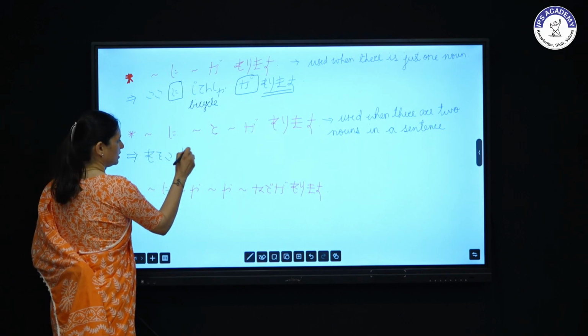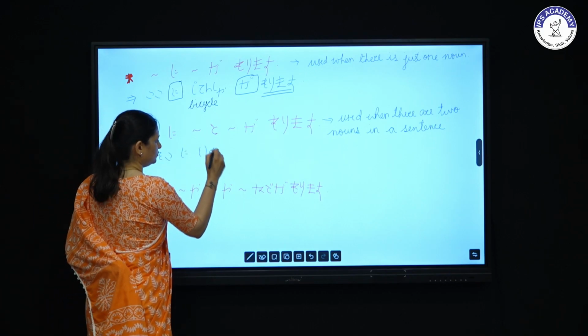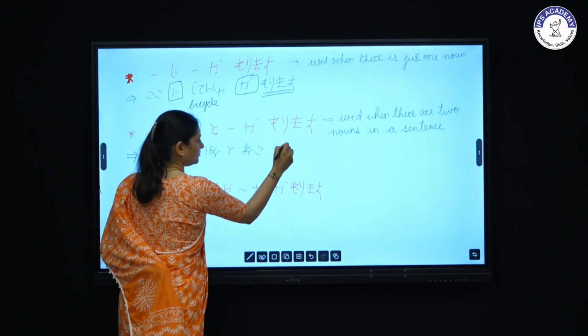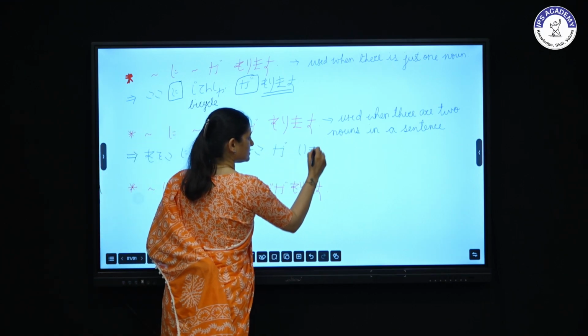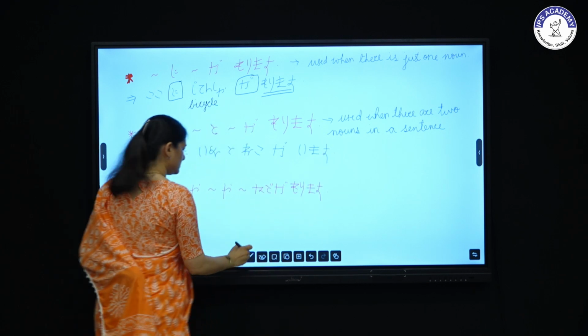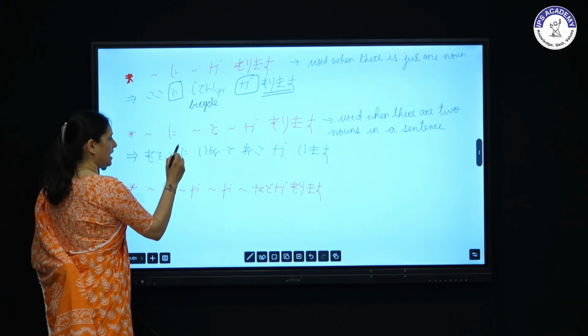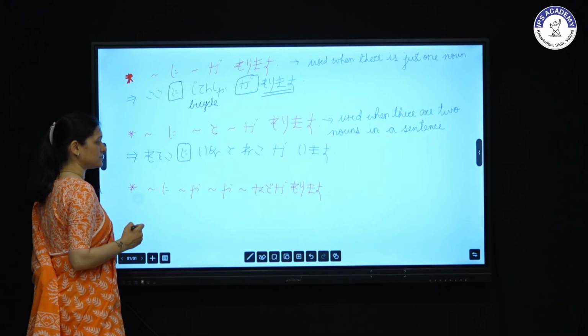Asoko ni inu to neko ga imasu. See, understand the difference, observe the sentences carefully and try to understand the difference.